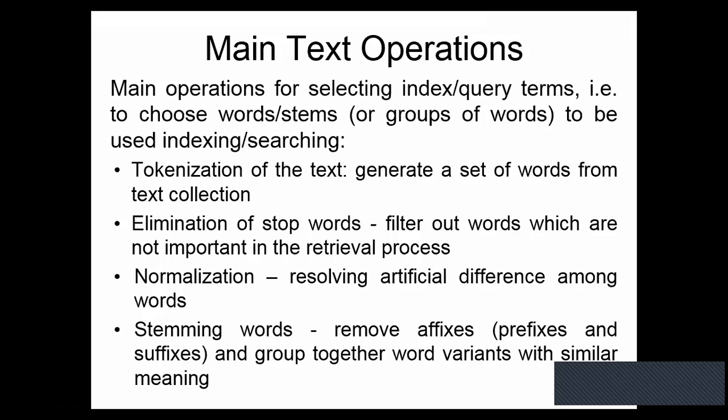Then this is followed by identifying stop words, normalizing and stemming, where the sequence we follow depends on the language itself. Here we are not discussing the sequence, just the tasks. The sequence should be decided based on experiment.